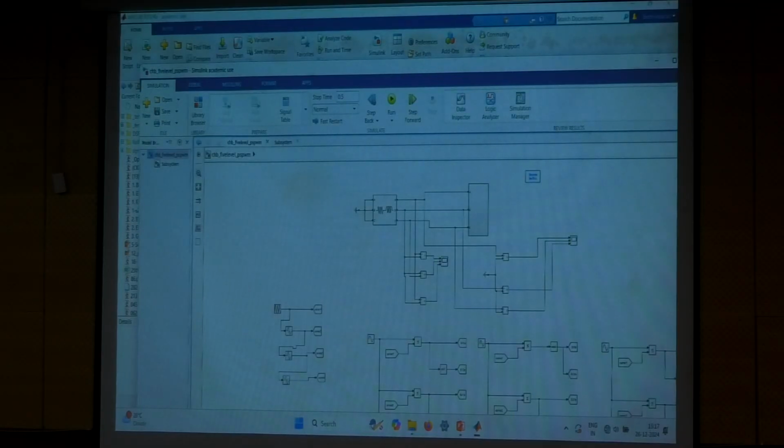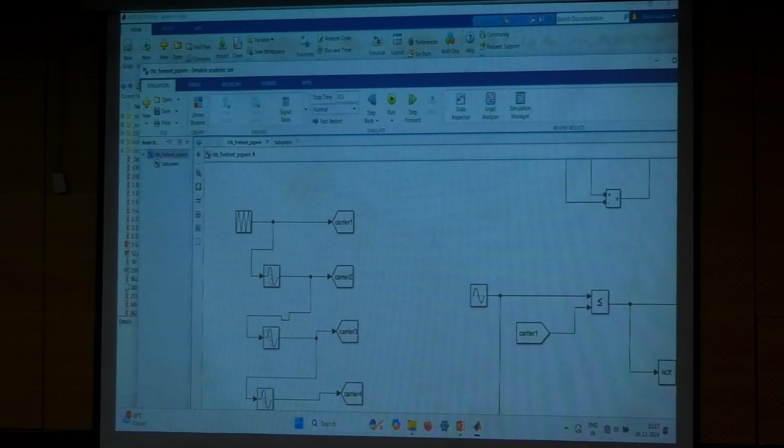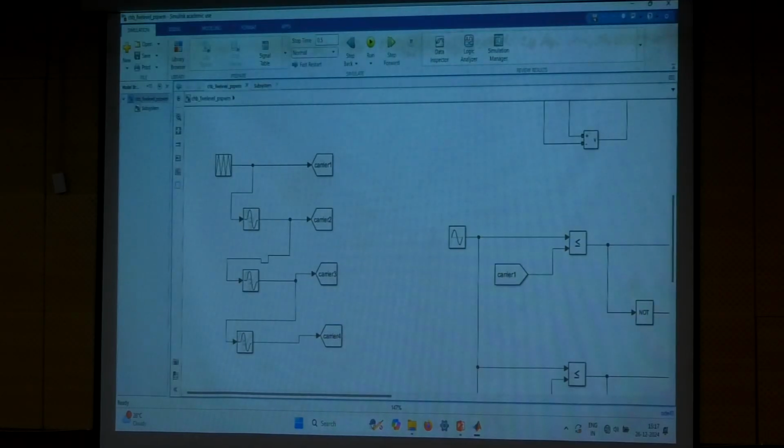This is phase shift PWM. I just ran the same thing. I just connected a transport delay block here, right? I have not changed anything else. The power circuit remains the same, and the other firing circuits are the same. The only thing I changed is the carrier arrangement, right?